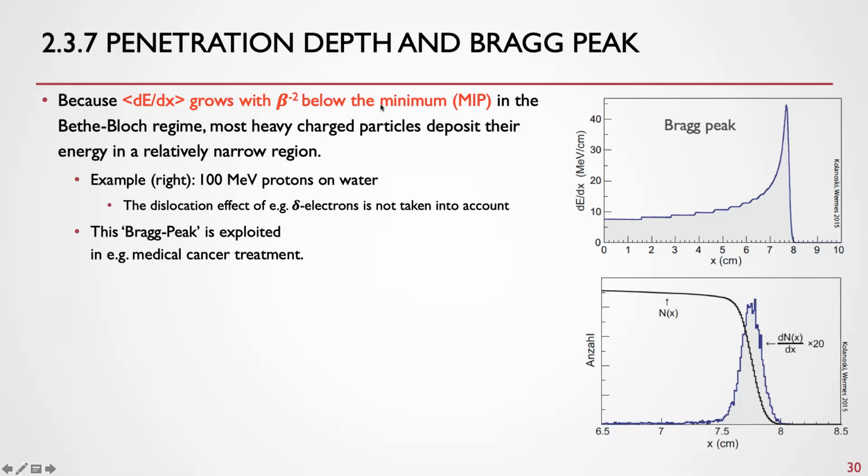So in the Bethe-Bloch regime, most heavy charged particles deposit their energy in a relatively narrow region. The example to the right is 100 MeV protons on water. These particles are MIPs, have a significant value for beta gamma. They lose a little bit, and then they get stopped because of the 1 over beta squared.